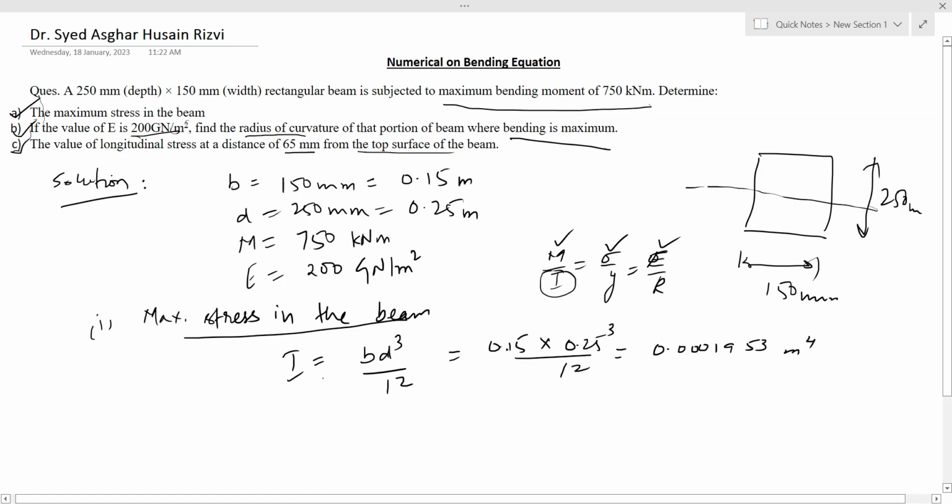Now we have to find the value of the distance of neutral axis from the top surface, that is y. y will be half the depth, that is 0.25 upon 2, it is 0.125 meter. Now we have the values of y, I, M, so we can find the value of sigma.